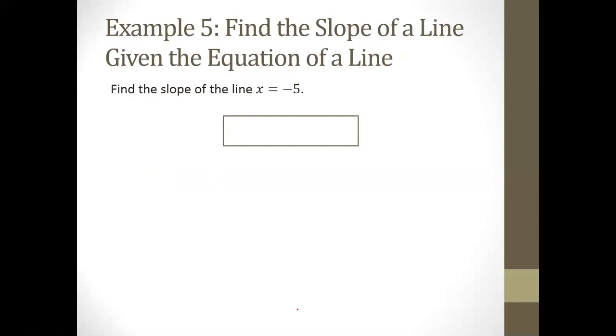Now we want to find the slope of a line when we have just one variable, when x equals negative 5. In this case, we do not have a y-intercept. The line does not cut through the y-axis.